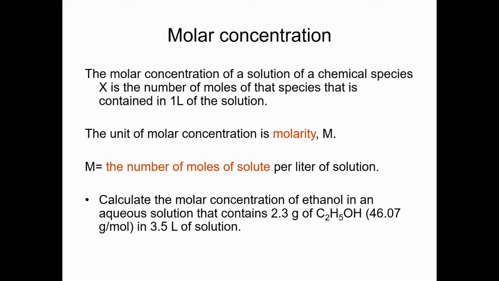So if you want to calculate the molar concentration of ethanol that contains 2.3 grams of C2H5OH in 3.5 liters of solution, the molar mass is 46. You would do 2.3 divided by 46, which is 0.05, and then divide by 3.5. That would be the molarity. That's how you determine the molar concentration.